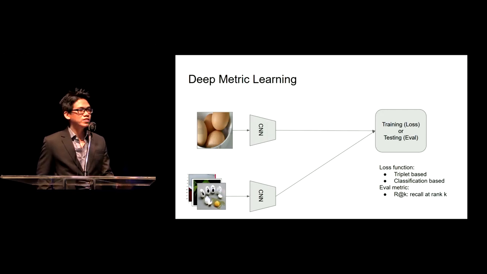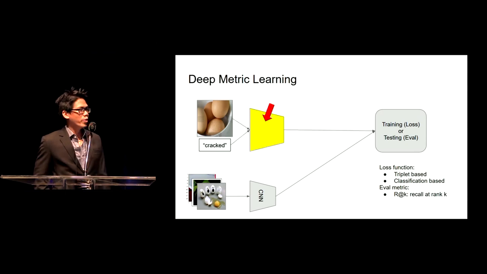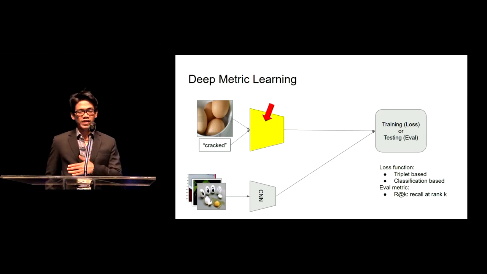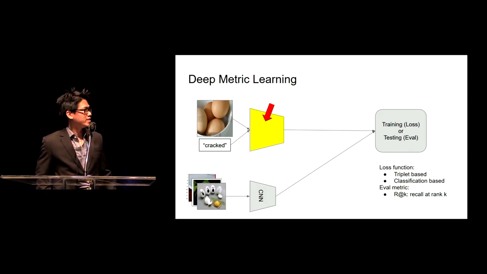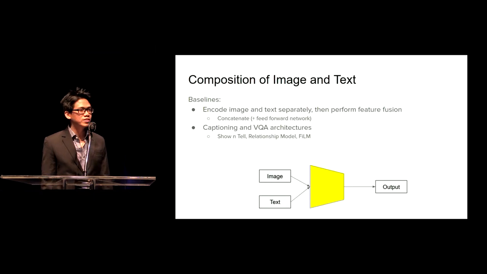The only difference that we make here is that because our query now is an image plus a text, we have to change the encoder of the query to take that and output a feature. But the rest of the pipeline will stay the same, the loss function will stay the same. So in this work, we mostly focused on studying what to fix in that yellow box.